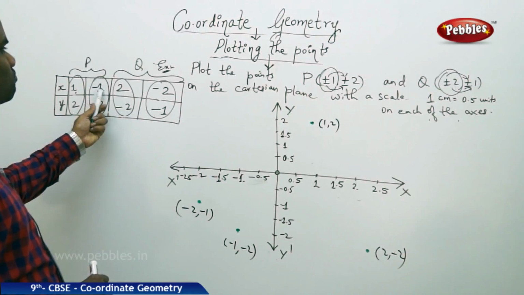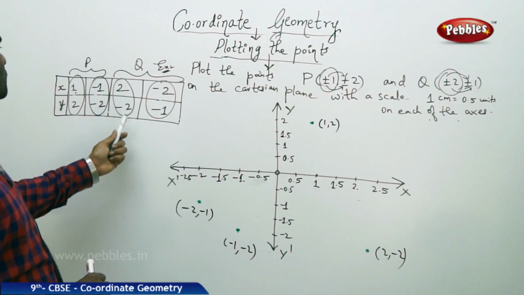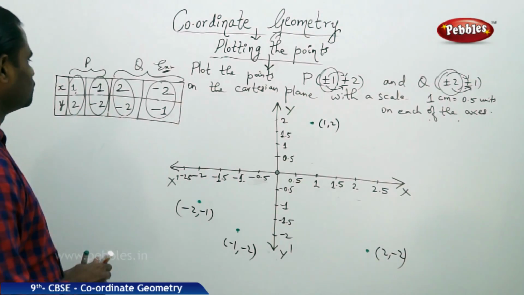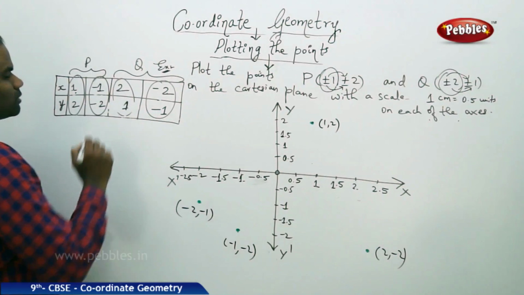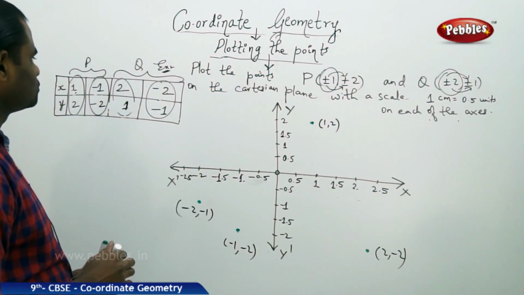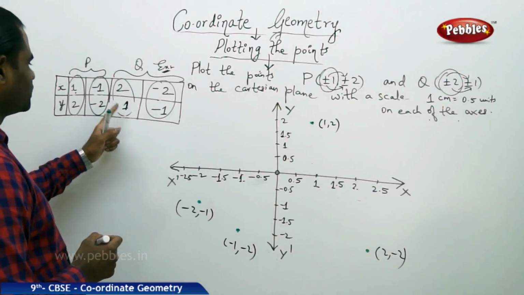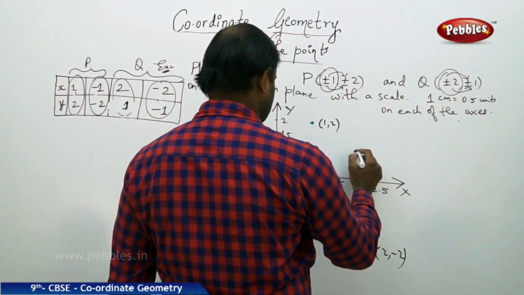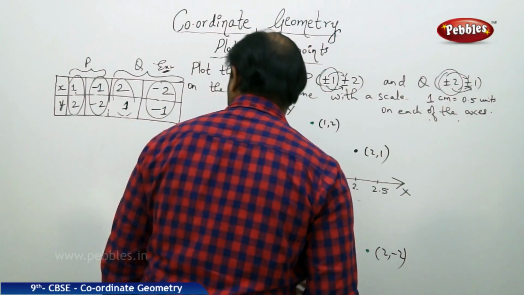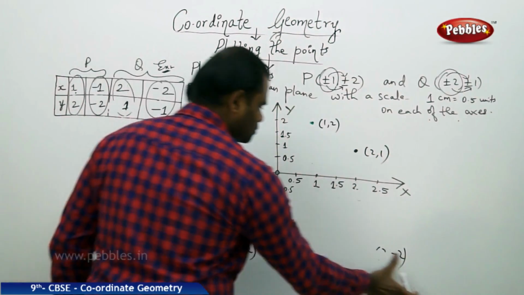1, 2, minus 1, minus 2, 2, 1. This is 2, 1 and 2, minus 2, minus 1. So my third coordinate, which is 2, 1, is out here, but not 2, minus 2.